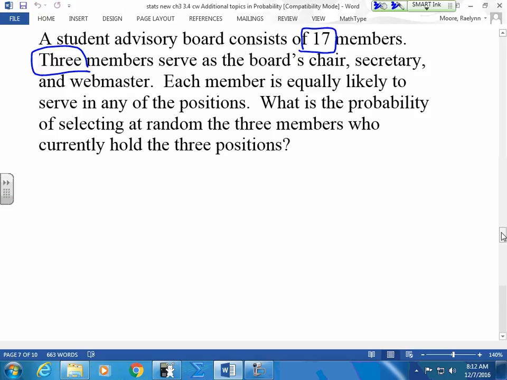What is the probability of selecting at random the 3 members who currently hold these 3 positions? So, what are they asking for? They're asking for a probability. It's the probability part over whole.